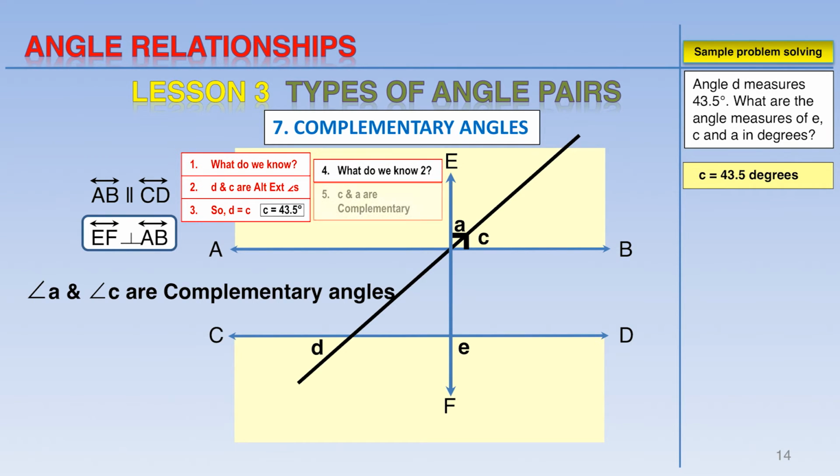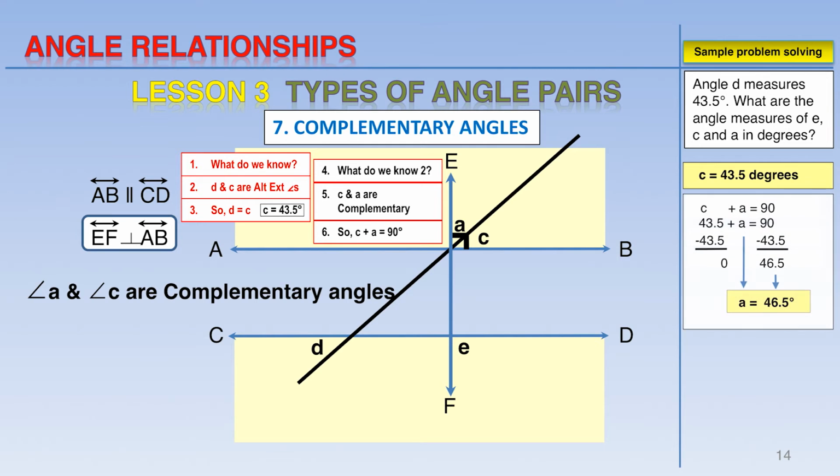What's the second thing that we know? Well, we know that A and C are complementary, and since we know what C is, then we just subtract that from 90 degrees, and so we know that A is 46.5 degrees. The third thing we know?